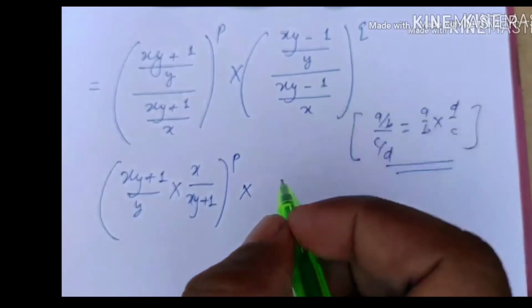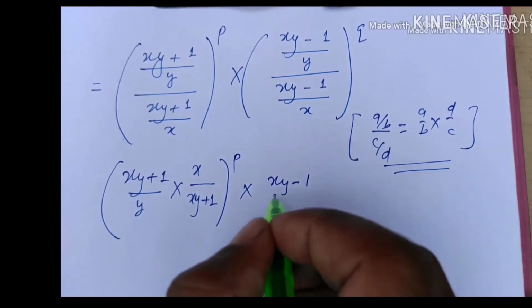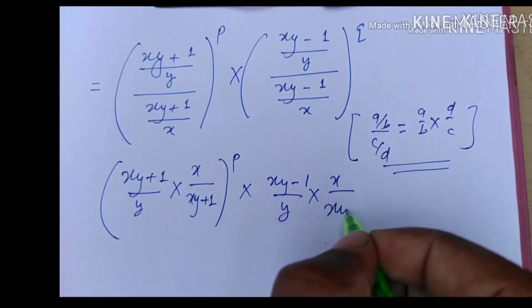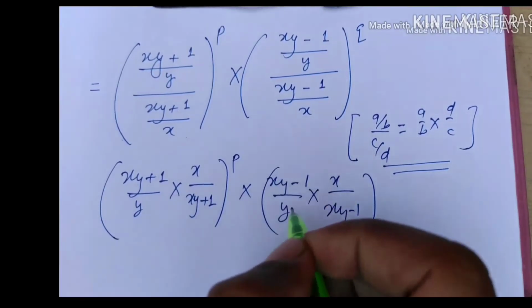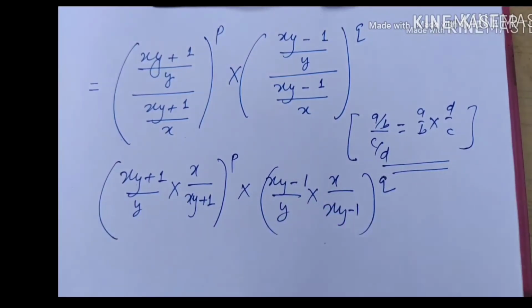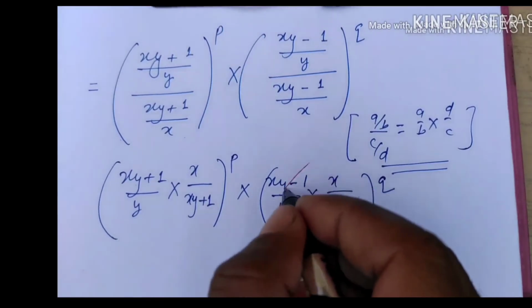And now this term xy minus 1 over y times x will go upside, xy minus 1 power q. You can see that this term has minus and this also has minus, so this and this will cancel out.